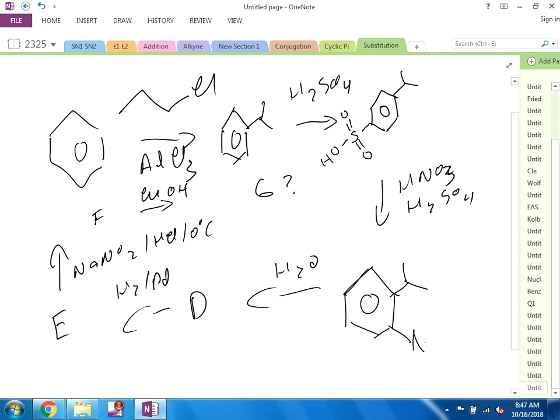One of them is an ortho-para director, and one of them is a meta director, right? And in this case, both of them are voting in for the same position. So Bianca put the nitro group ortho to the isopropyl group, and she put it meta to the sulfonyl group, because the sulfonyl group is a meta director. Let's give Bianca a hand.